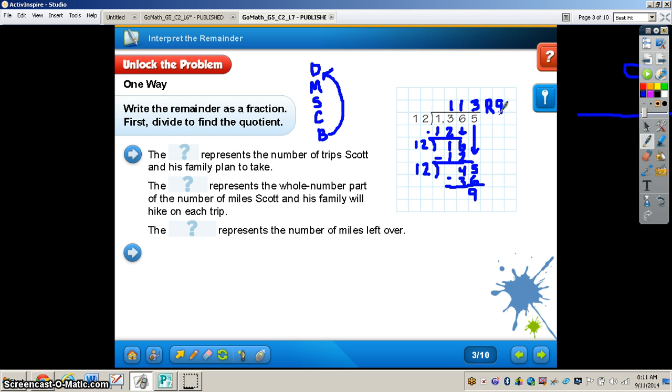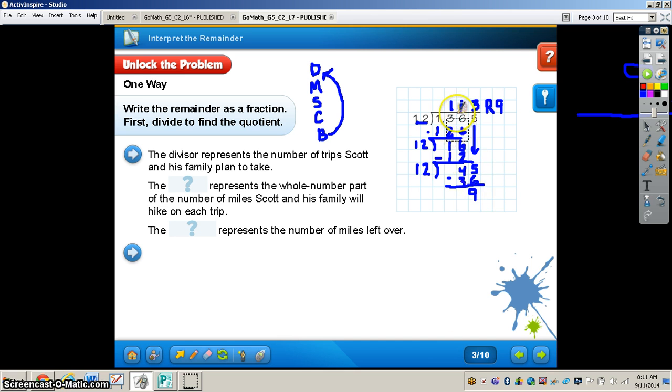Okay, now first of all, the divisor, which is 12. Remember back in our problem, the divisor represents the number of trips Scott and his family plan to take. So it's important to interpret every single part of the division problem.